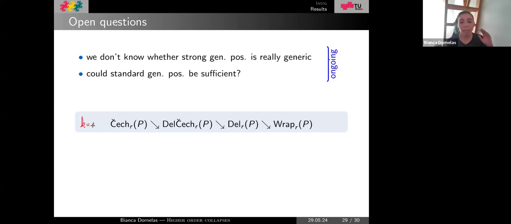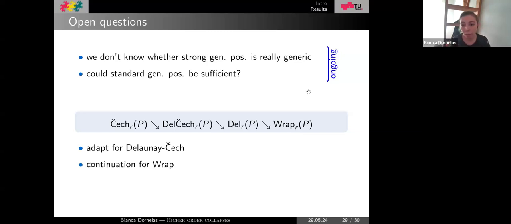They show that the Čech collapses to the Delaunay-Čech complex, and then the Delaunay-Čech collapses to the Delaunay, and then the Delaunay collapses to the wrap. And of course, it's only natural if we are wanting to look at the higher order case to ask, can we also adapt this approach to work with the Delaunay-Čech and with the wrap complex?